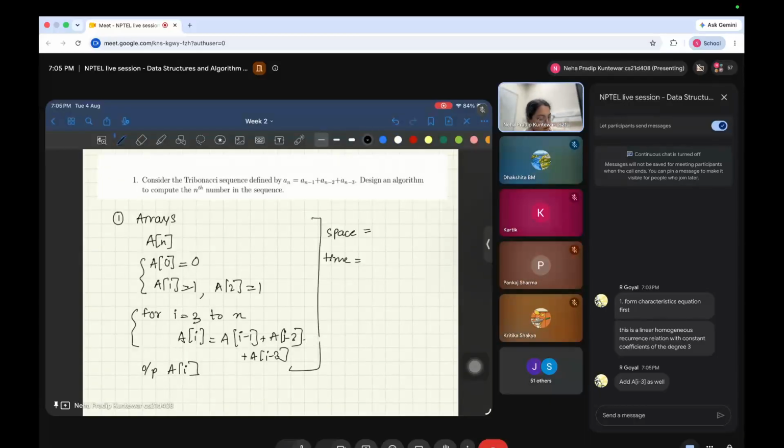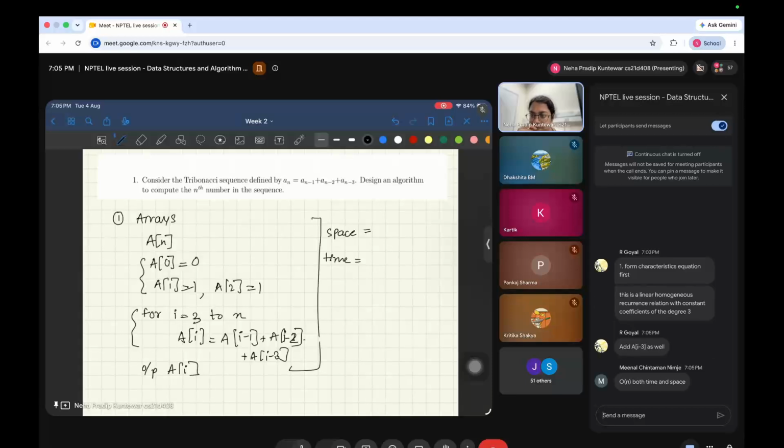Yeah, thanks. So this is the updated algorithm. So what is the space and time for this? Yeah, good. So both of these are order n. Okay, but we want to do better. So from this order n, we want to get sublinear.